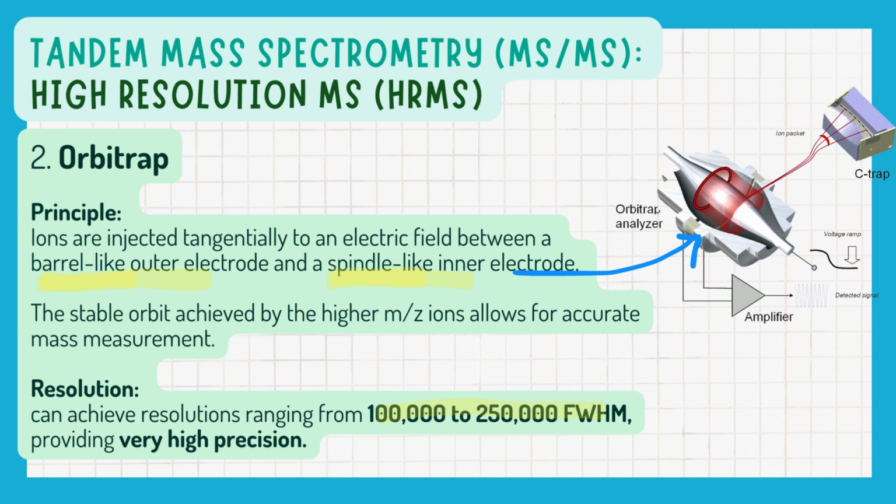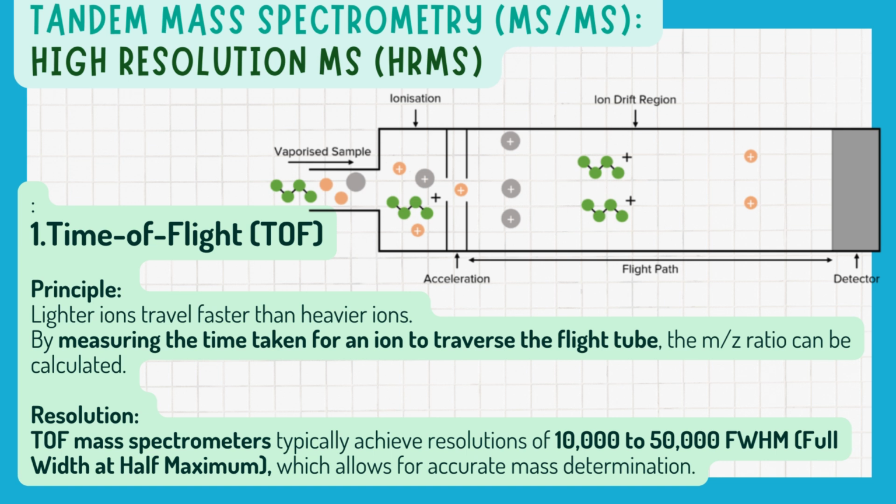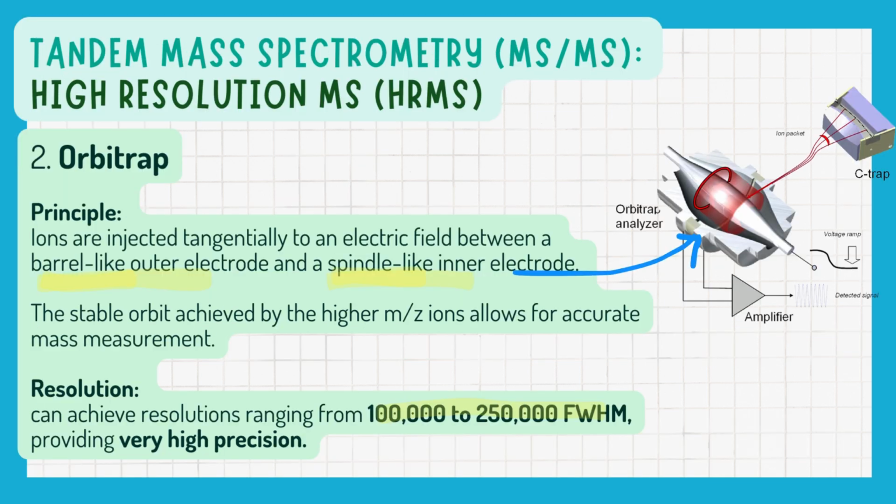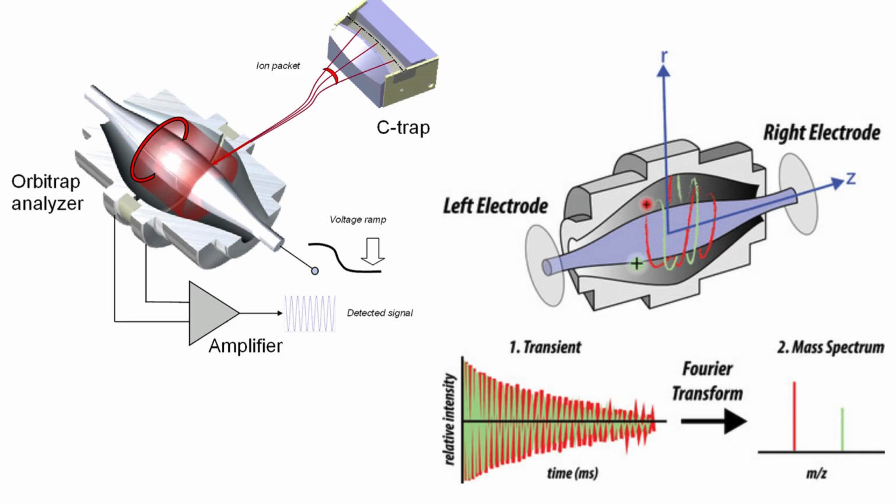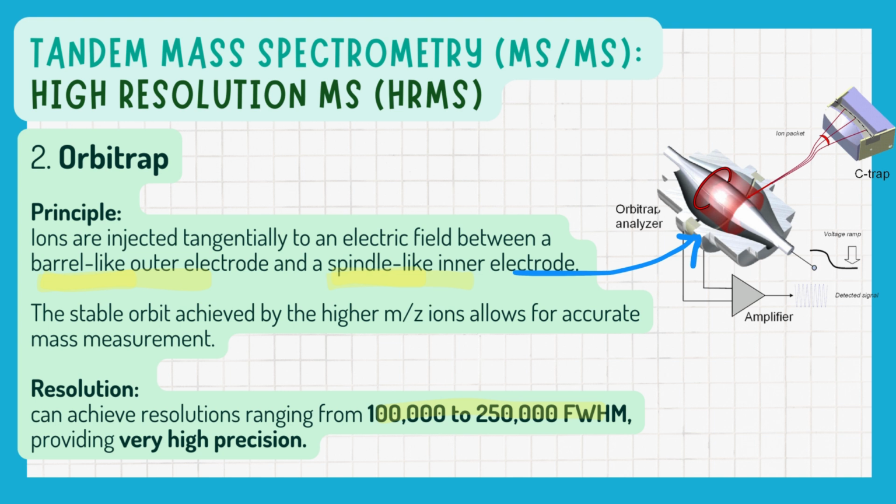And then take note, it offers a higher resolution as compared to our time of flight. Here, it is 100,000 to 250,000 as compared to only 10,000 to 50,000 full width at half maximum for our time of flight. So our orbitrap provides very high precision.